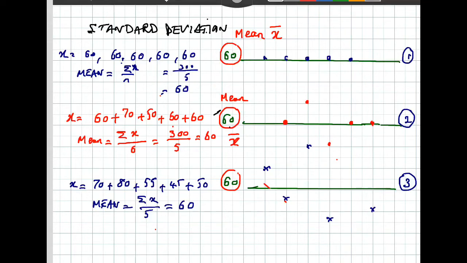Here, if we go to set number 3, you're going to have quite a number of points deviating from the mean value 60.